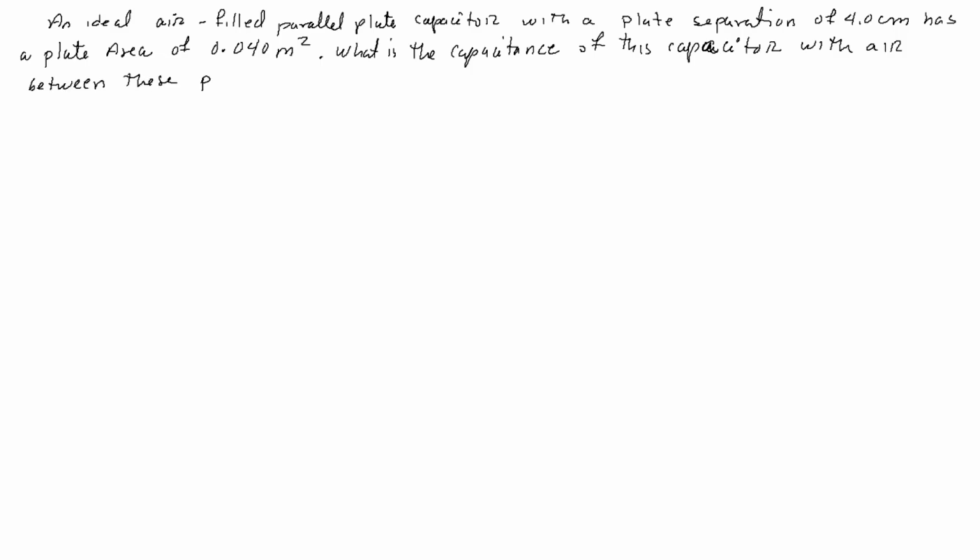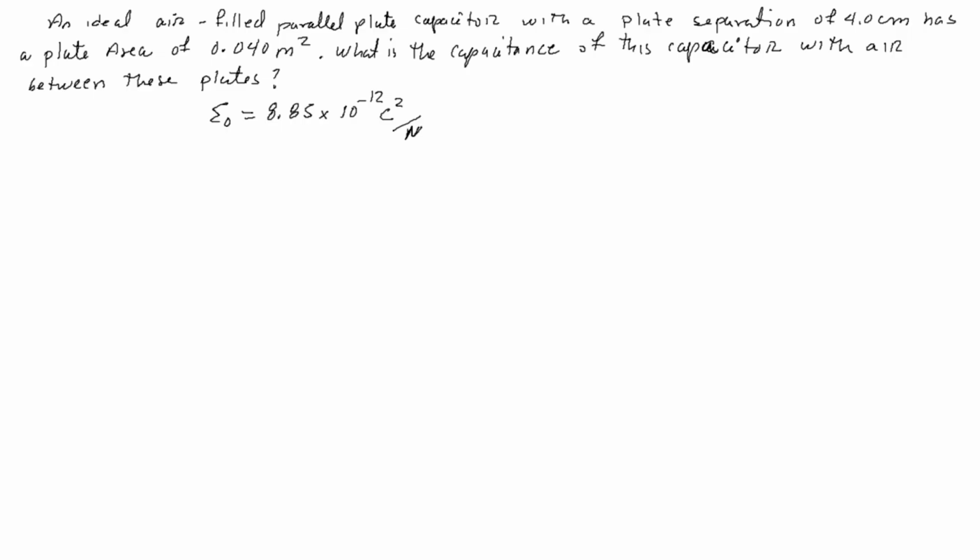And they give us the permittivity of free space constant, epsilon sub 0. They say it is 8.85 times 10 to the negative 12 coulomb squared over newton meter squared.